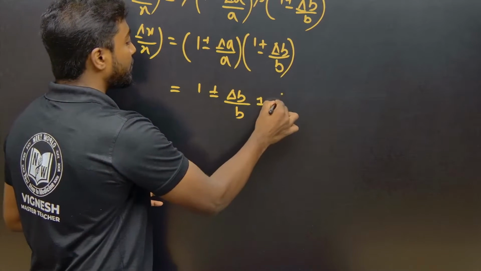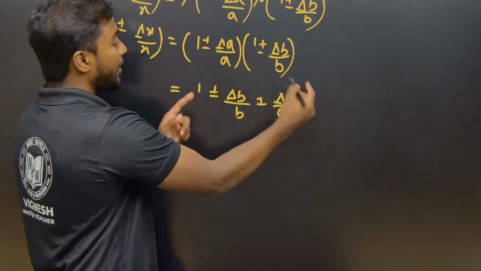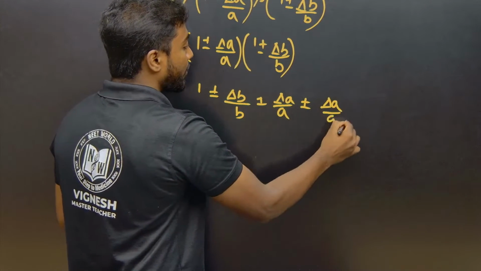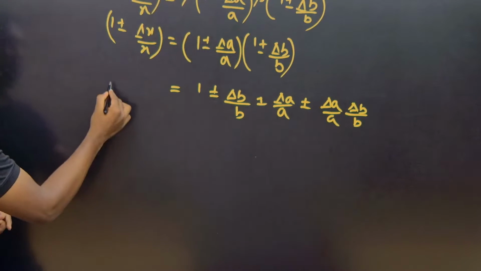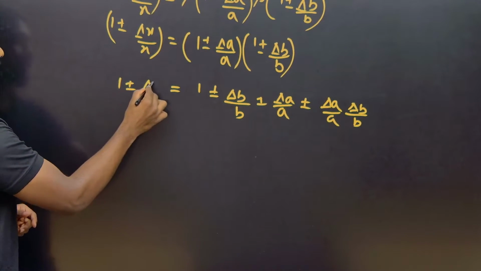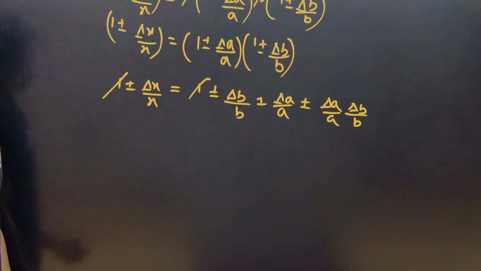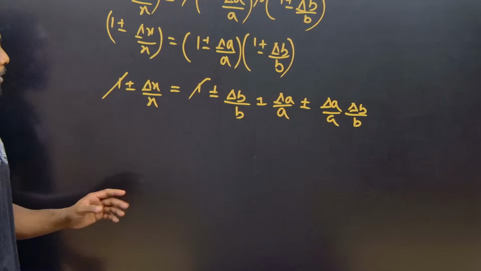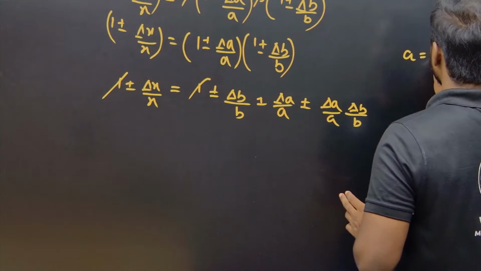Should be equal to 1 plus or minus delta x by x. So in this I can cancel out 1 on each side.